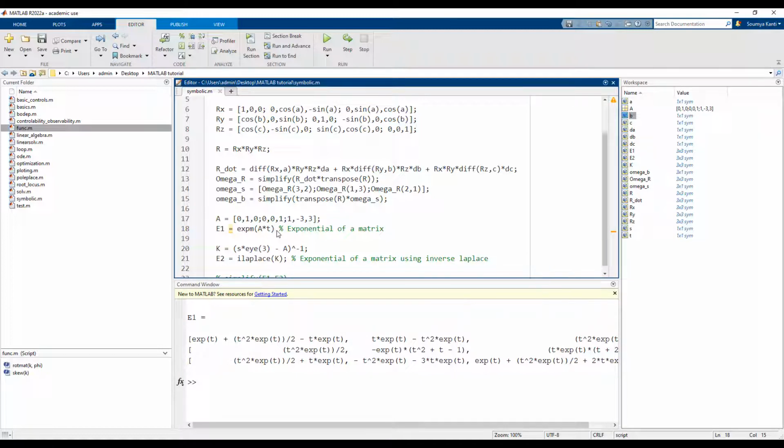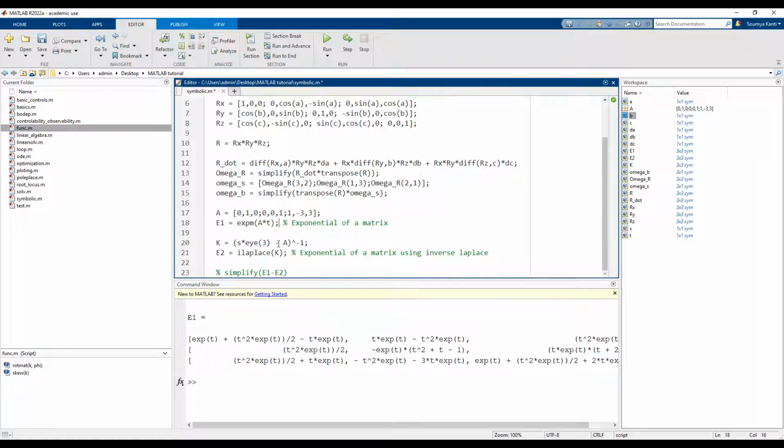Okay, and similarly you can do Laplace or inverse Laplace here. So I want to do sI minus A, the whole inverse, and I want to take the Laplace inverse of it. So this is what I am doing.